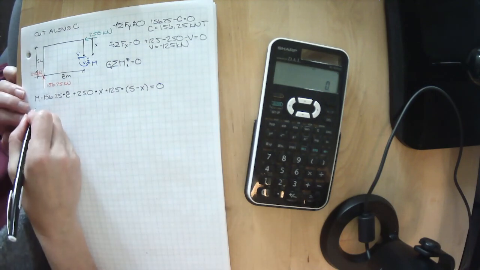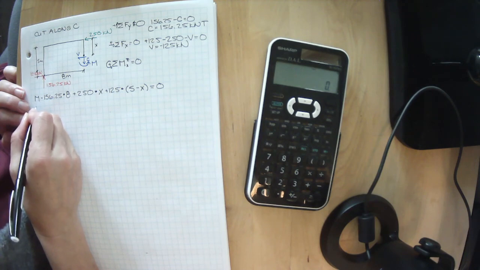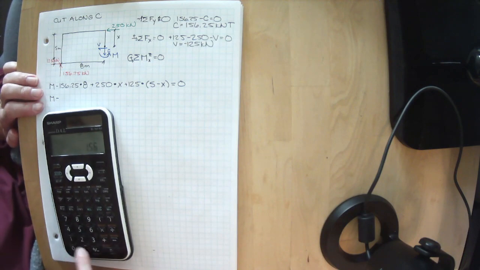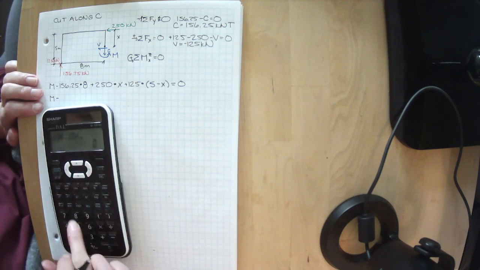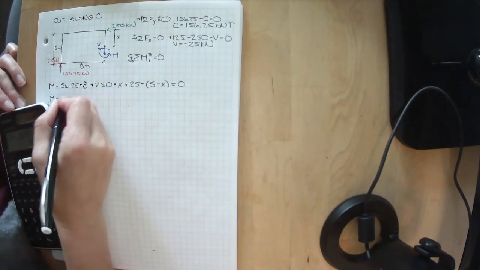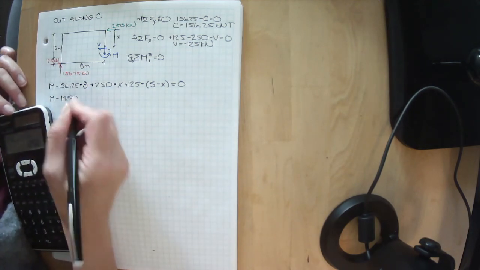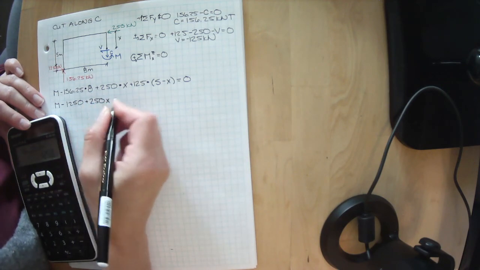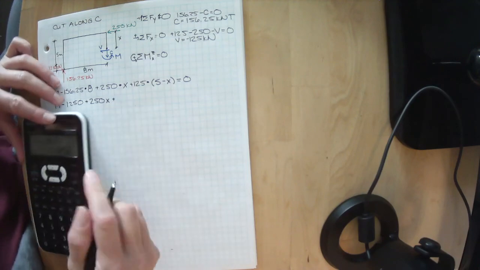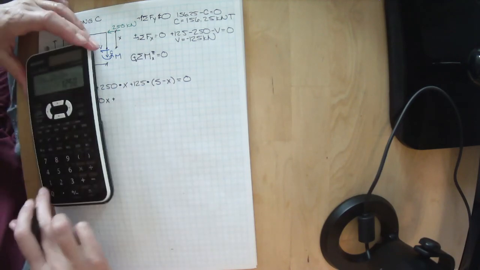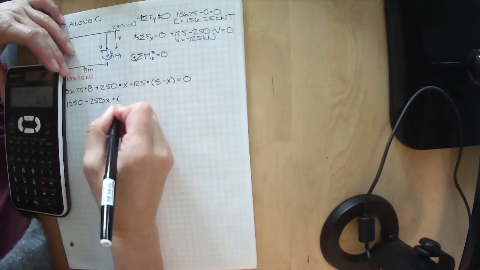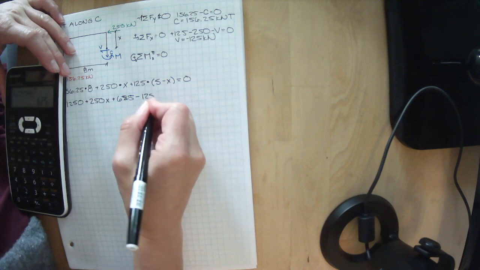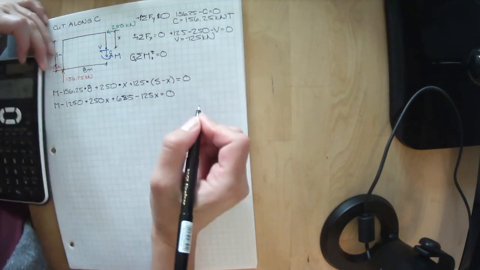Okay, we have M minus, let's do 156.25 times 8 equals 1,250 plus 250x plus 125 times 5. 125 times 5 equals 625 minus 125x equals 0.